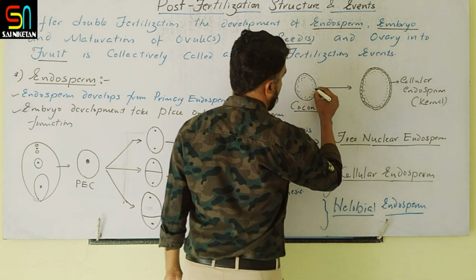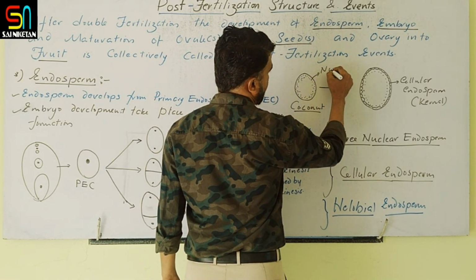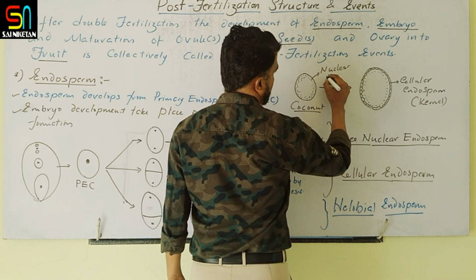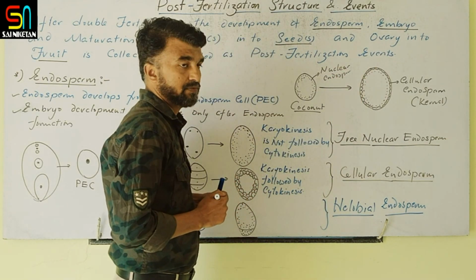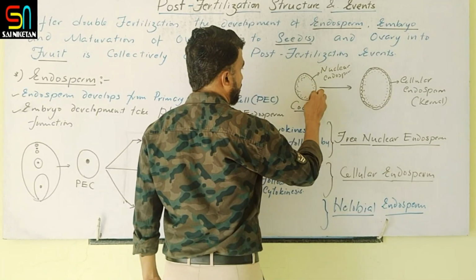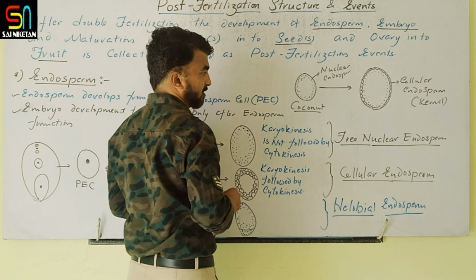The nuclear endosperm is nothing but the water. So during maturity, the nuclear endosperm gradually turns into the cellular endosperm. So this is the coconut case.